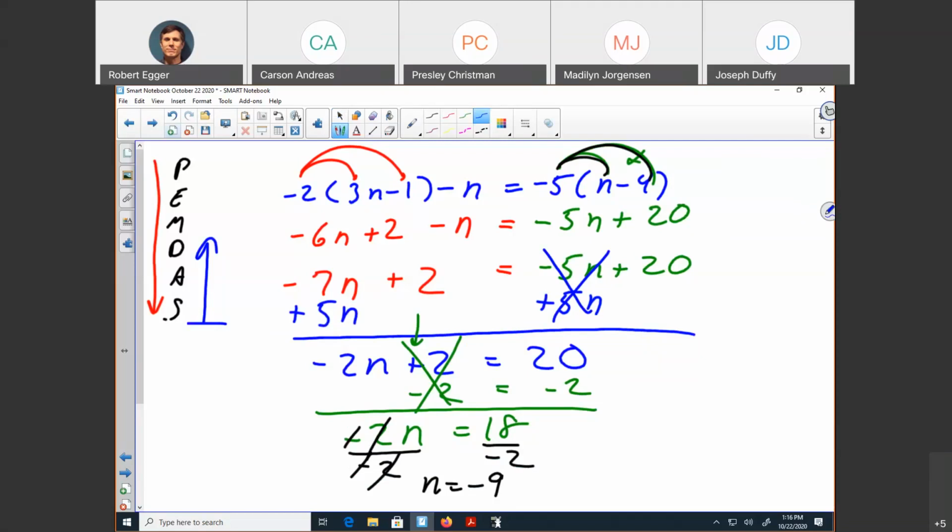So we've been inching up from simplest to more and more complex. But I've been following some very, very basic guidelines, order of operations. Can't go wrong with it.